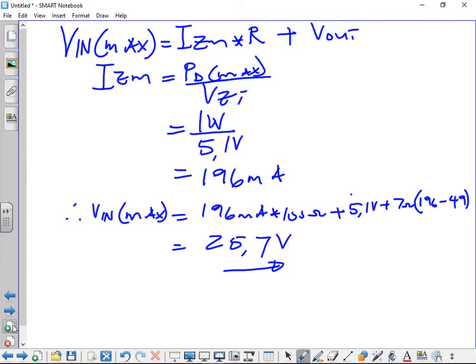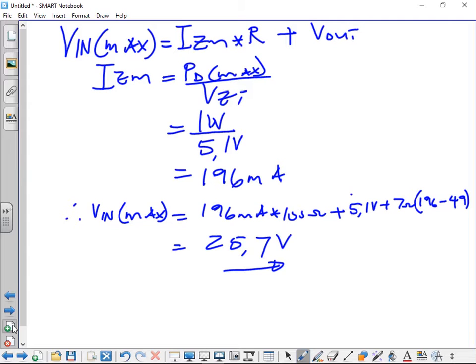So if we analyze this, we'll see that V in maximum, when IZ was at maximum, which is IZM, we had 25 volts. And when V in minimum was calculated at IZK, our input was 4,86.